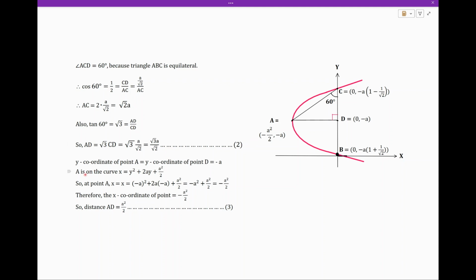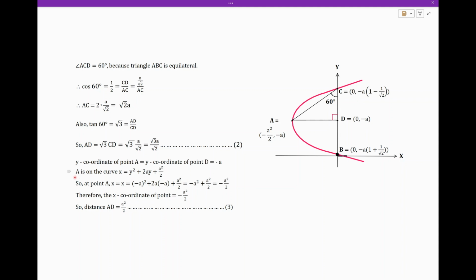The y-coordinate of point A is equal to the y-coordinate of point D, and that is equal to minus a. Why? Because we have drawn AD parallel to the x-axis.